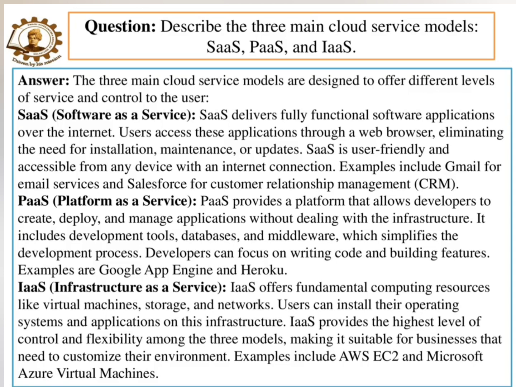Now, what is this software as a service? Users rent and access software applications over the internet. The provider takes care of everything: installation, maintenance, updates, and service. Users simply need an internet connection and a web browser or API to access the software.